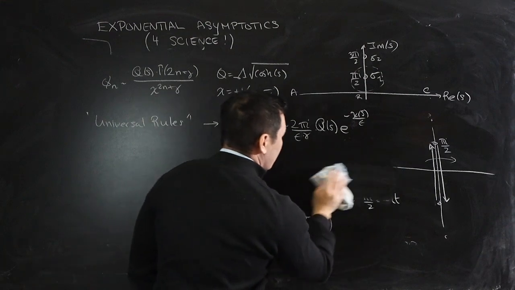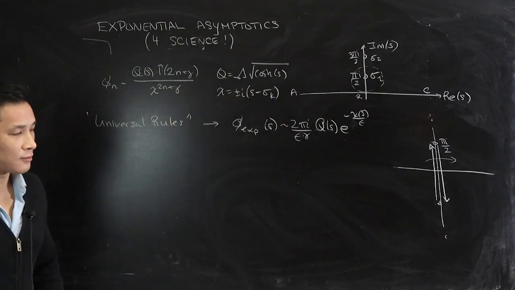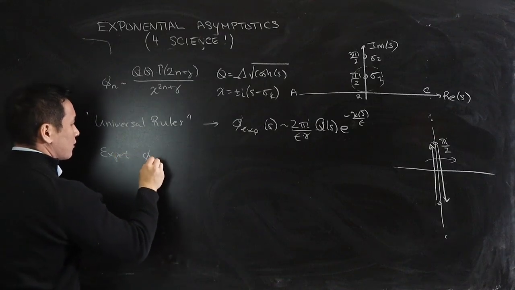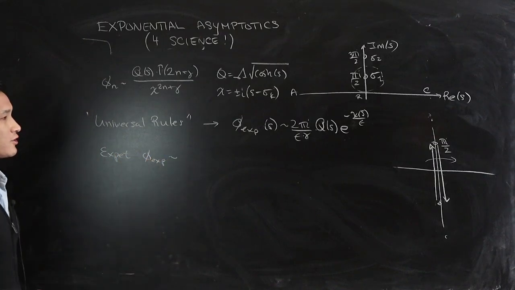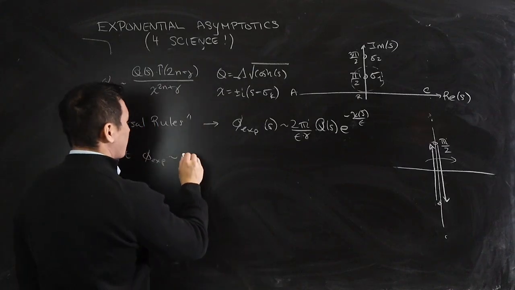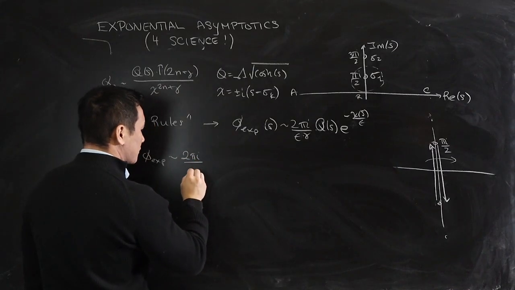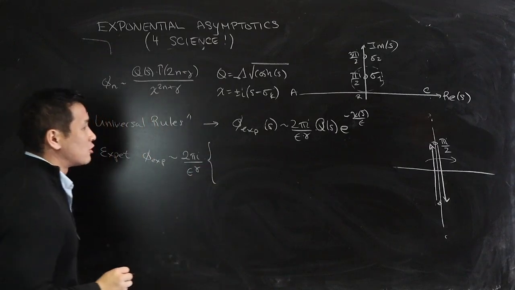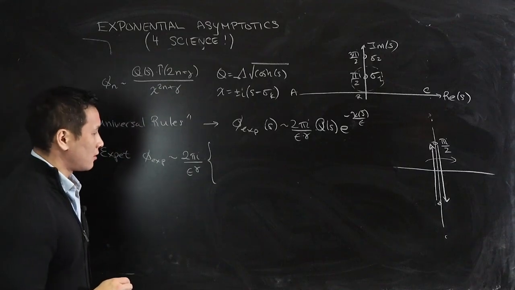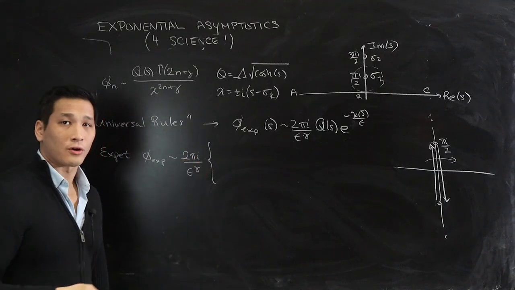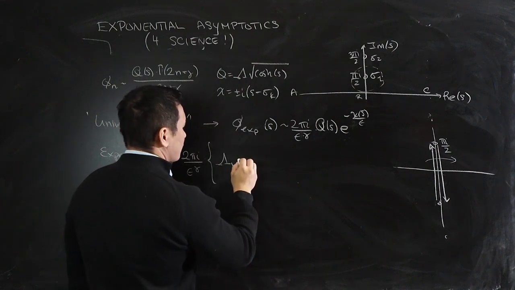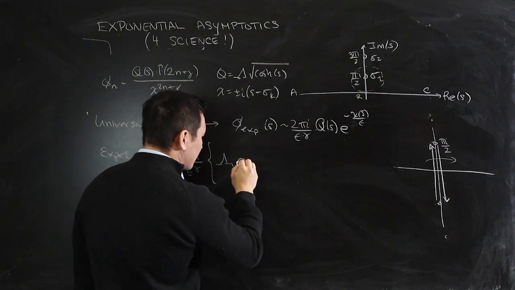So you would expect that your exponential, if I just add the two most immediate contributions, I would have 2πi over epsilon to the gamma. I'm going to assume that the gammas for both are actually the same, but I'm going to explain that in a second. I'm going to have a lambda 1 here times e to the minus chi.